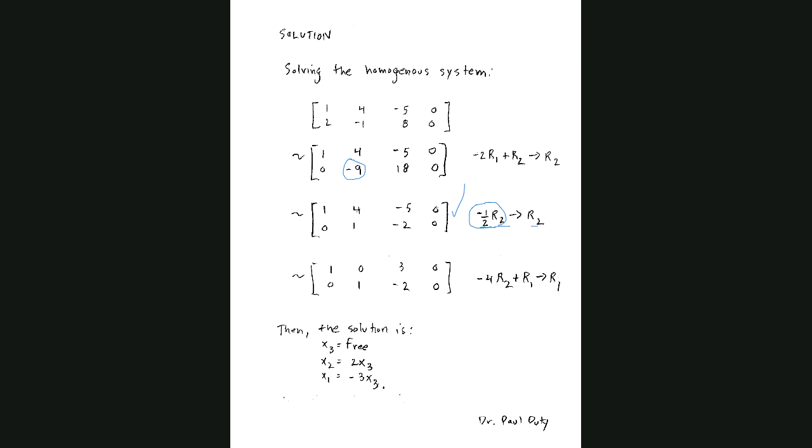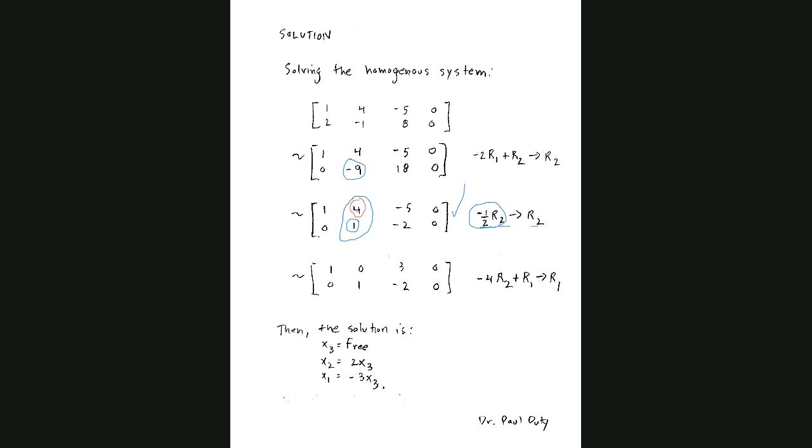I'll give you a little hint. Look at the second column. You have a pivot of 1. That's right, Matthew. The 4 here needs to be a 0. That's right, Ryan. You need a 0 above that 1 pivot.